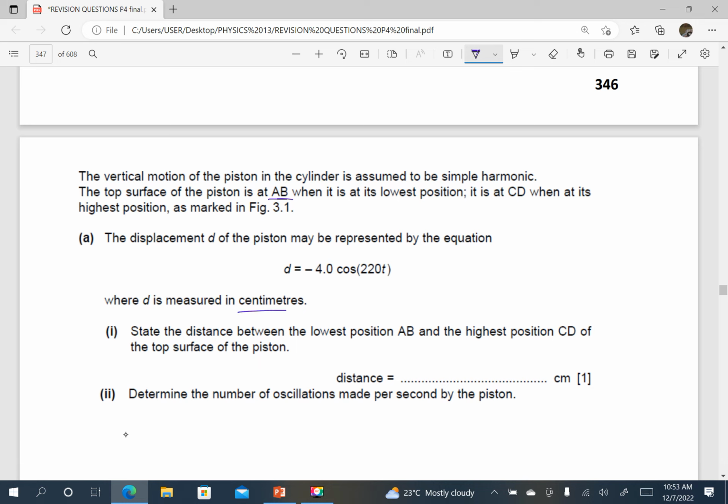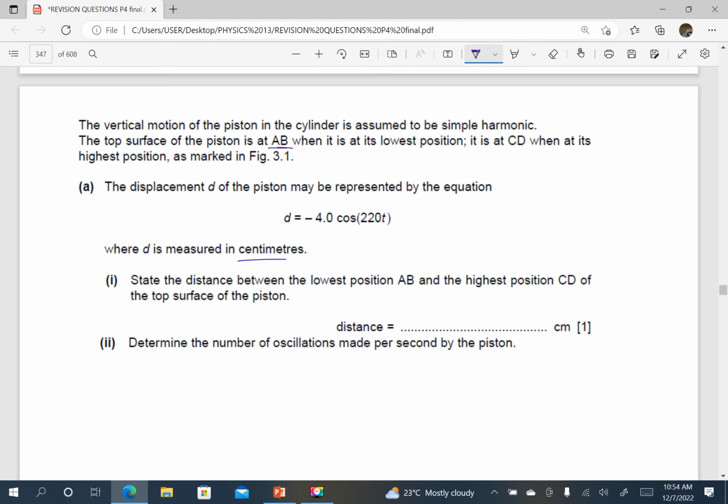D is measured in centimeters. State the distance between the lowest position AB and the highest position CD of the top surface of the piston. If it starts at t equals 0, it is at -4.